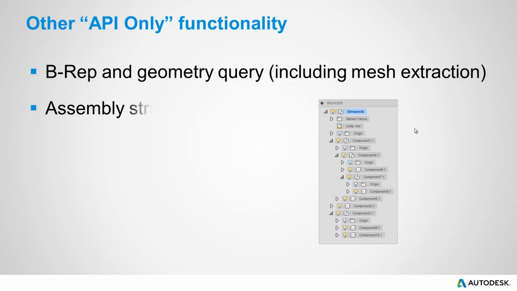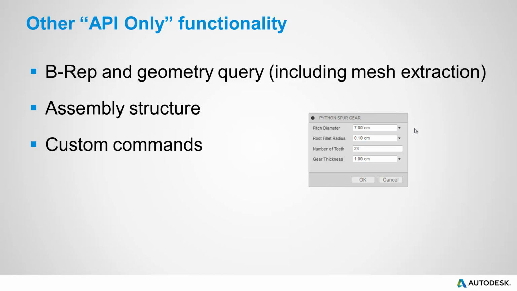The assembly structure is available through the API, so that's basically the equivalent of what you see in the browser. Through the API, you can create your own custom commands. They have these dialogues so that they look to the user just like a Fusion command, because it's the same kind of dialogue, the same inputs, and they guide the user through collecting the needed input for that command.